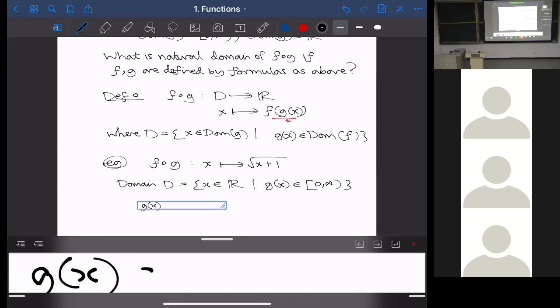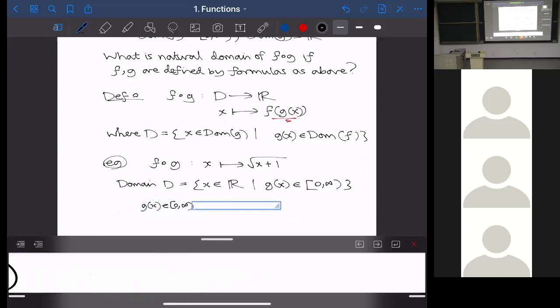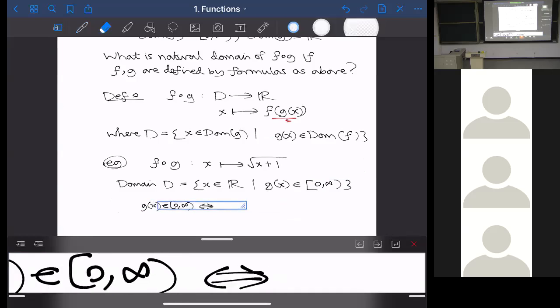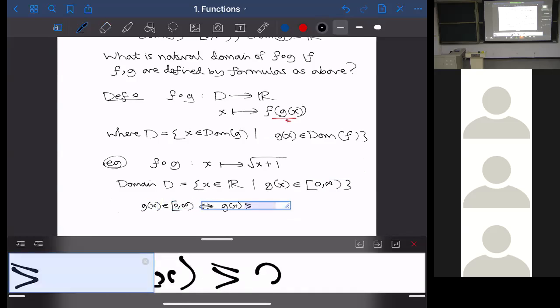So g(x) is in the closed interval 0 to infinity, with a square bracket here, if and only if g(x) is greater than or equal to 0.